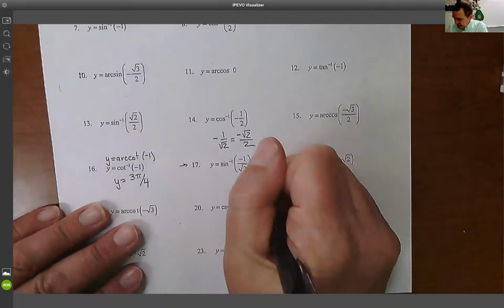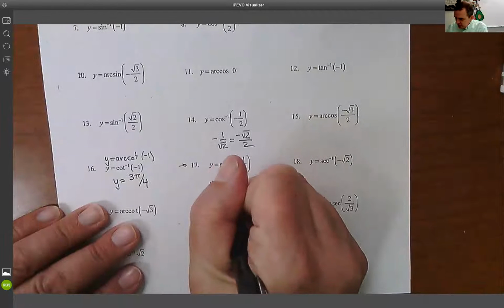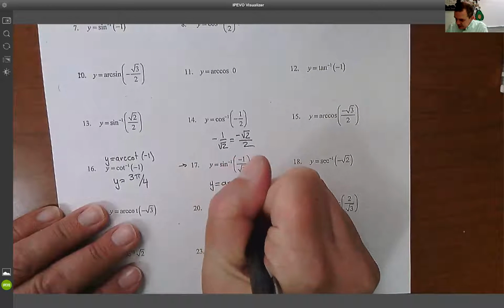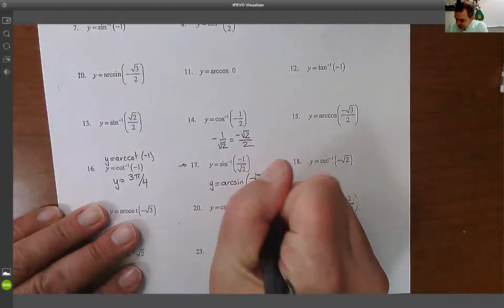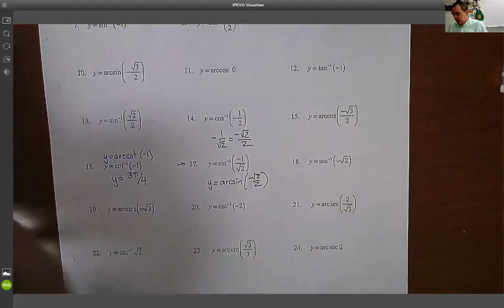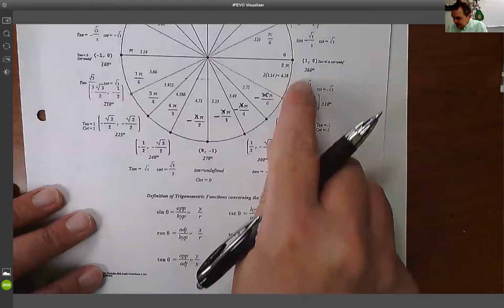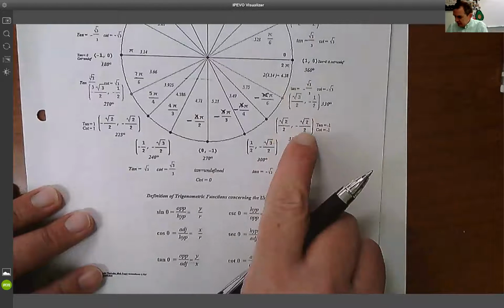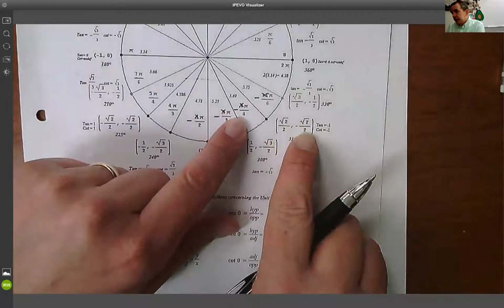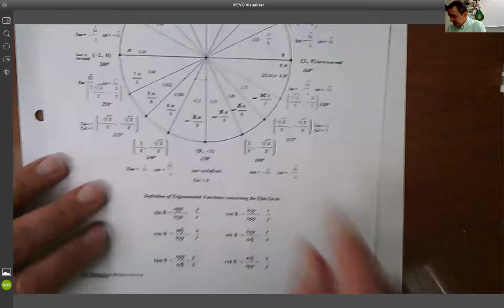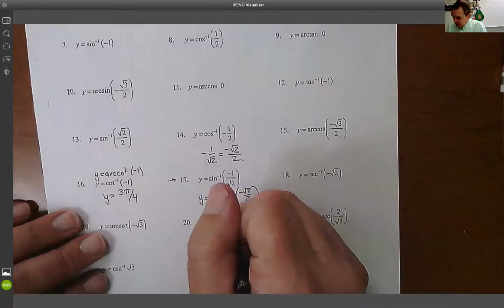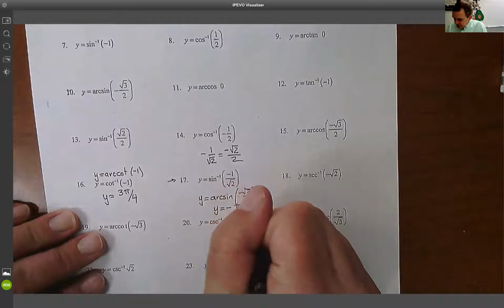So this is the same thing as saying y equals arc sine of -√2 over 2. So we're going to go and find where sine is -√2 over 2. That's right here at -pi over 4. This is going to be where y equals -pi over 4.